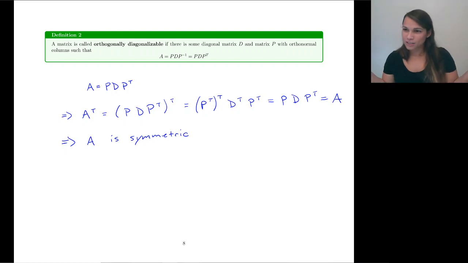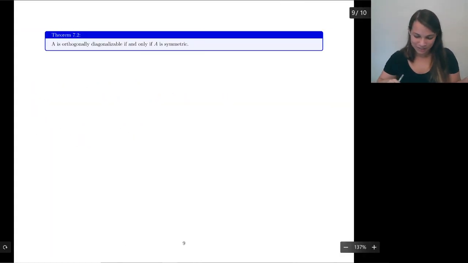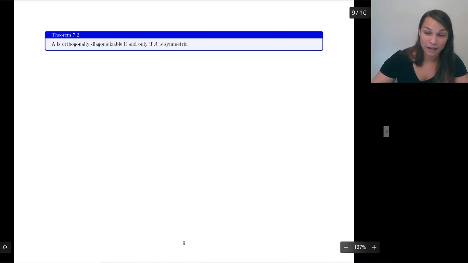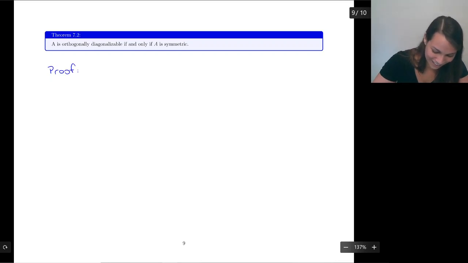That's so cool, it deserves a theorem. So we've got A is orthogonally diagonalizable if and only if A is symmetric. So this is actually a two-way street. If we get symmetric, we also get orthogonally diagonalizable. Oh, I don't know why that is such a tongue twister for me. I cannot talk.